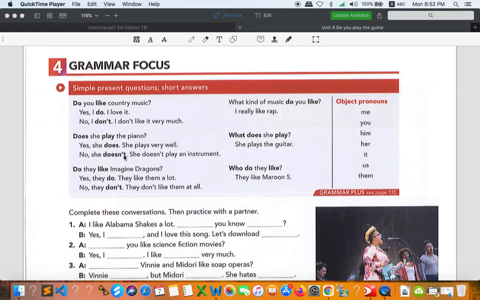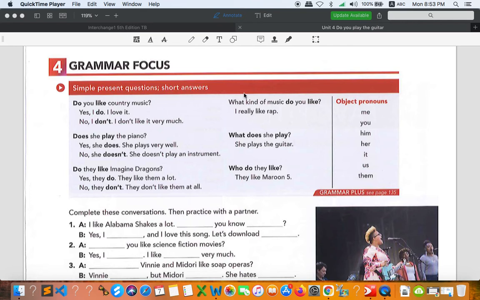Okay, unlike the subject she, where you have to add s or es according to the verb. Some verbs require s, some other verbs require es. Okay, so make sure that you are careful with these kinds of subjects right here.